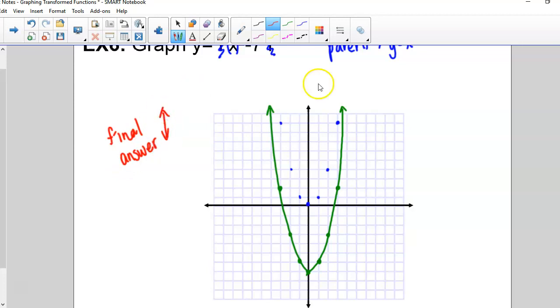Here's my line in red. So that means this part of the graph and this part of the graph, they just stay right where they were at already. But all of this green stuff that's below here, it's got to be reflected over the x-axis. So this point right here will be here, this point.